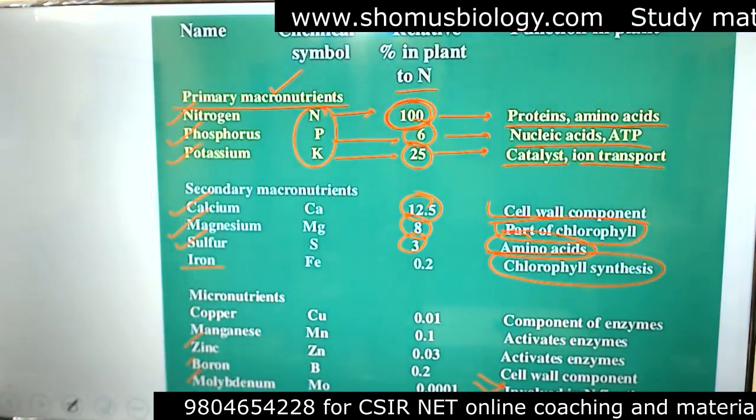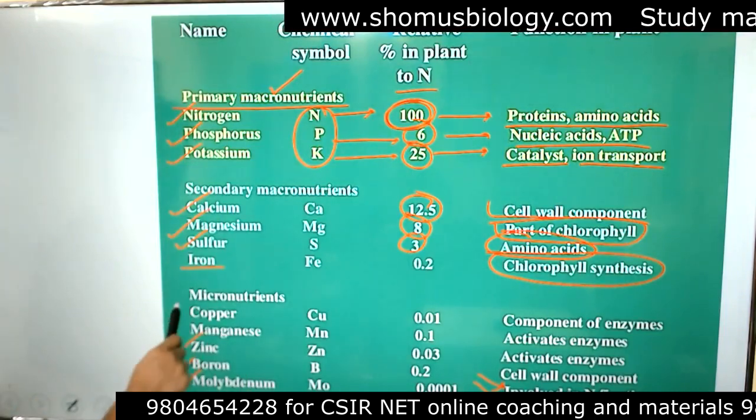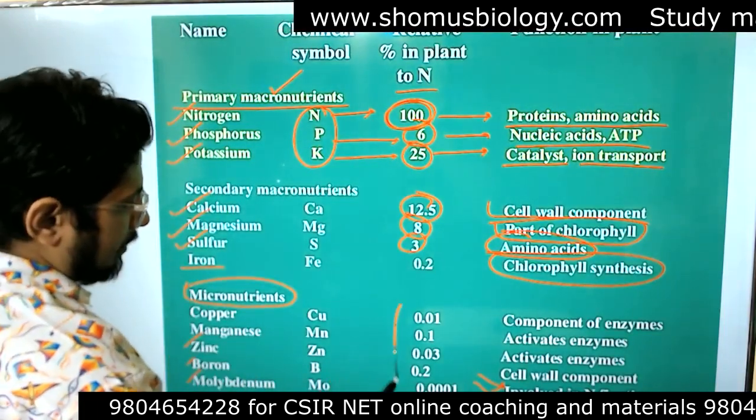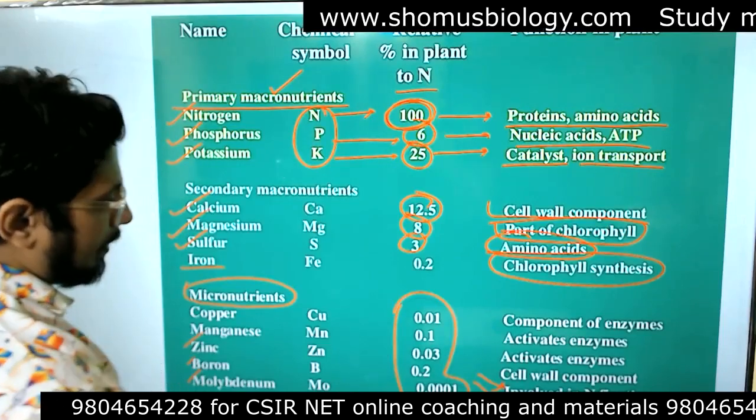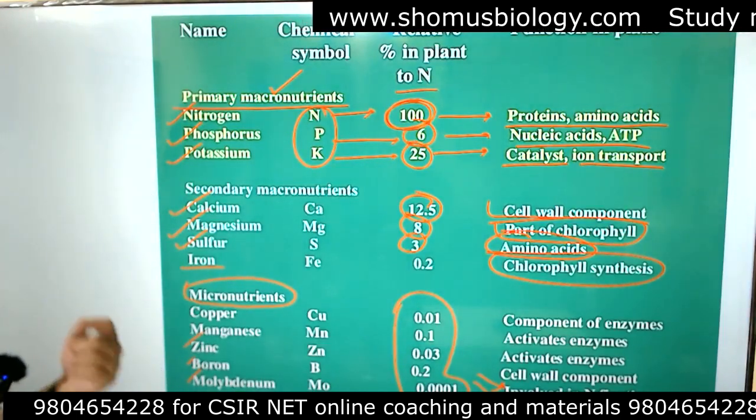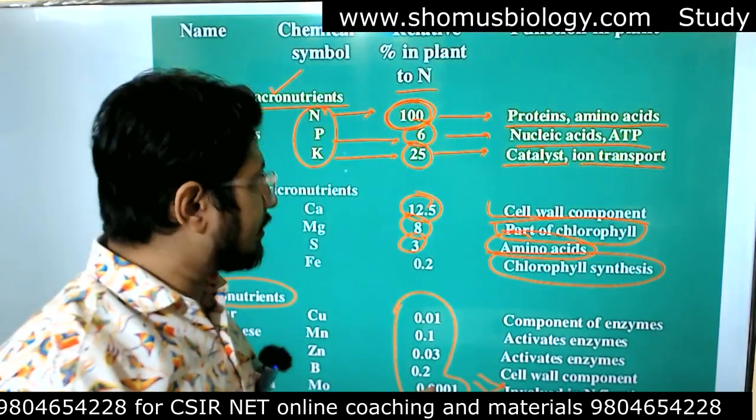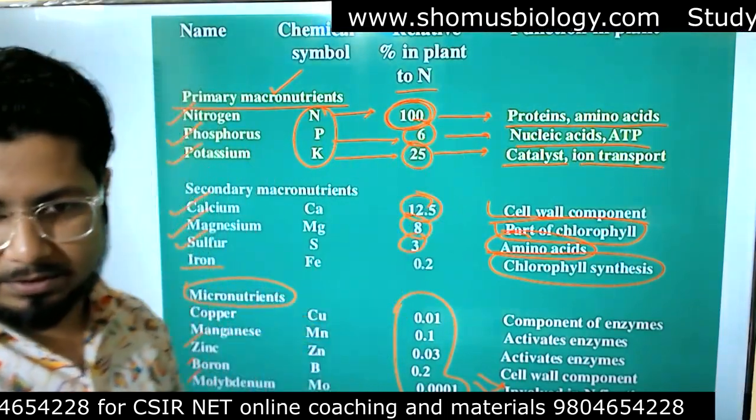Why do we call them micronutrients? Because they are present in very low amounts, and their activity is there in very low concentrations compared to nitrogen.